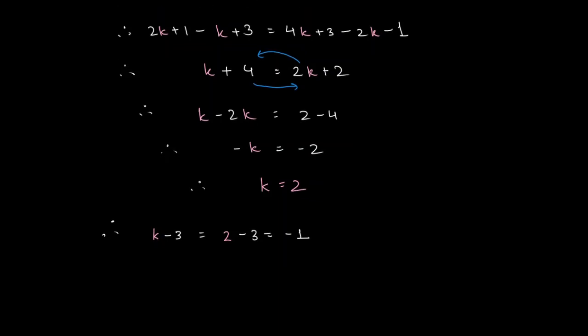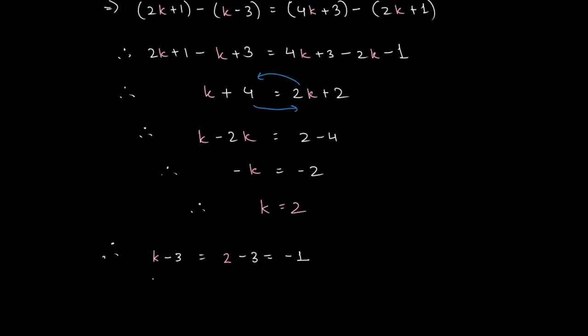Okay, so that's the first term. 2k plus 1 is the second term, so 2 into 2 plus 1. 2 into 2 is 4, 4 plus 1 is 5, and the third term is 4k plus 3, which is equal to 4 into 2 plus 3. 4 into 2 is 8, 8 plus 3 is 11.